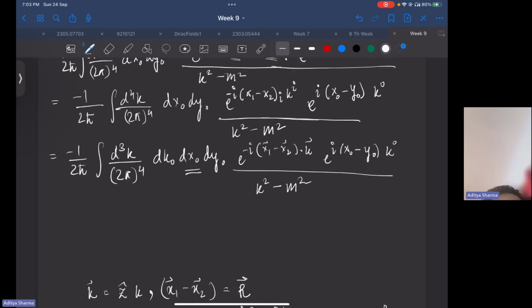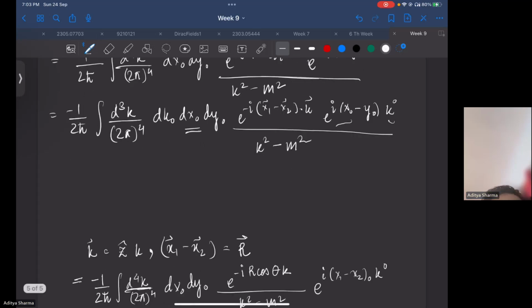Now we'll do one of the integrals, dx0. Okay, we'll do one of the integrals, e to the power i x0 k0. This will give me minus 1 by 2 d3k. Right, now I've taken a Dirac delta from here. So this integral will give me dy0 Dirac delta of k0.